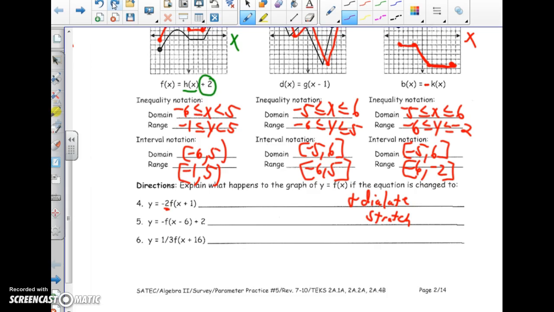It's either stretch or dilate by a factor of 2 is what you write down. You either stretch the graph or dilate the graph by a factor of 2, okay?